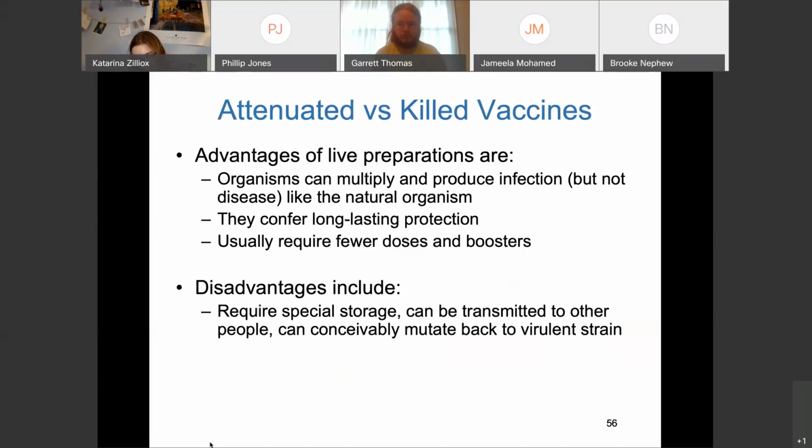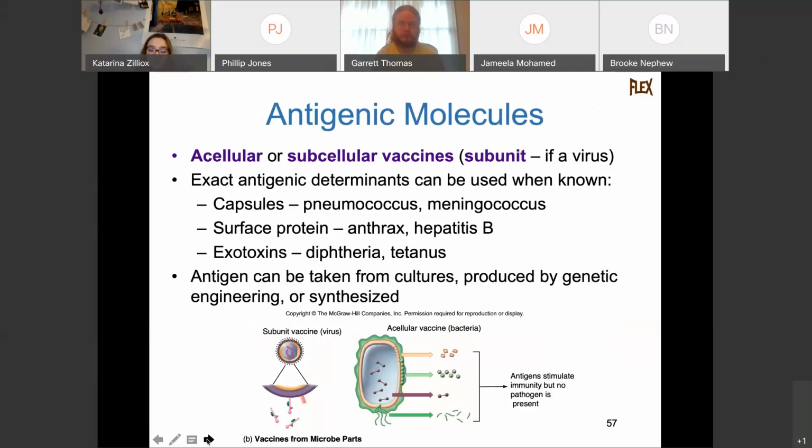So let's say you were vaccinated for the flu in November, flu that's coming out now, not even COVID-19, that flu is going to be significantly different than what you were vaccinated for in 2019 because viruses, they just constantly mutate. That's what they do. They constantly reshuffle their genetics.